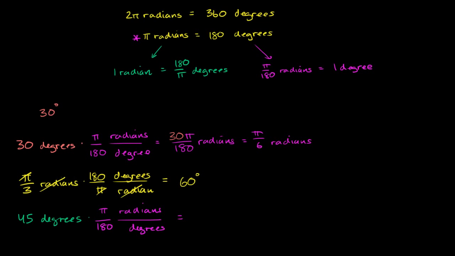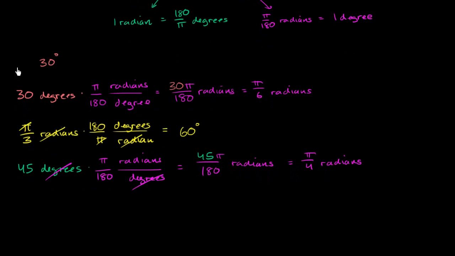So we are left with, when you multiply, 45 times pi over 180. The degrees have canceled out, and you're just left with radians, which is equal to what? 45 is half of 90, which is half of 180. So this is 1/4. So this is equal to pi over 4 radians.